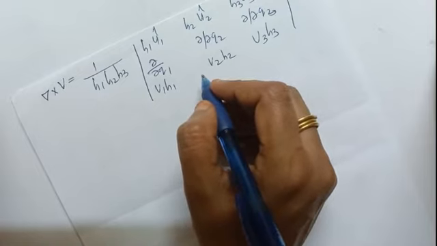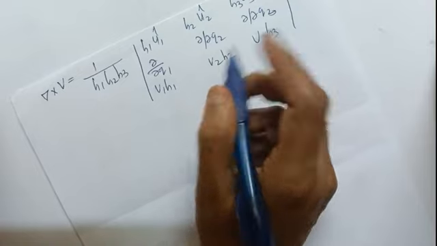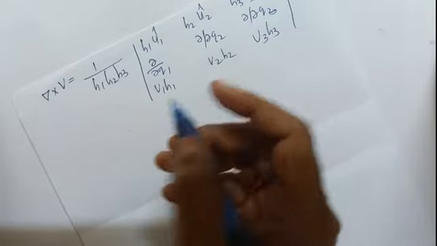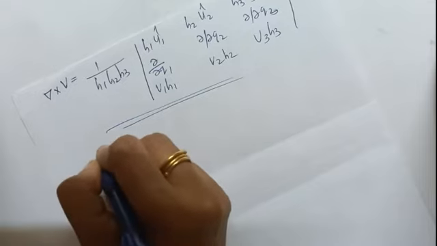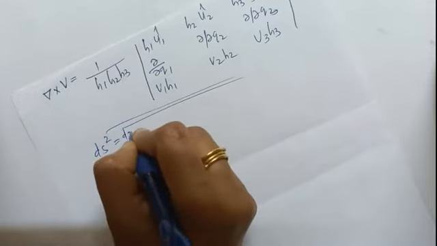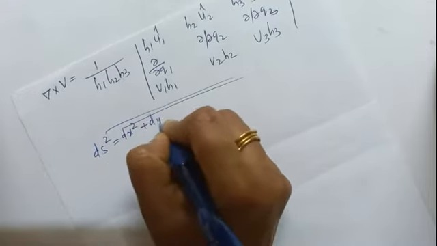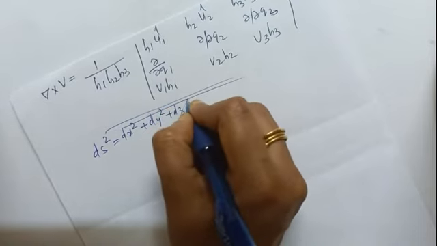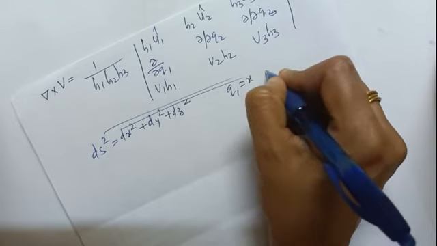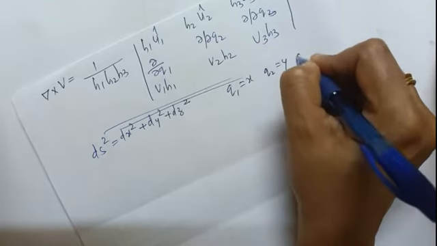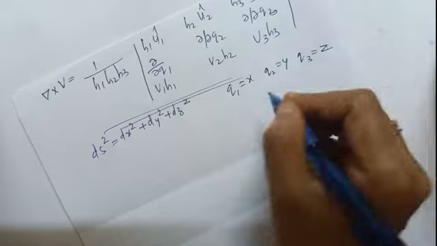See, in Cartesian coordinates we have ds square equal to dx square plus dy square plus dz square. That is, q1 equal to x, q2 equal to y, and q3 equal to z.